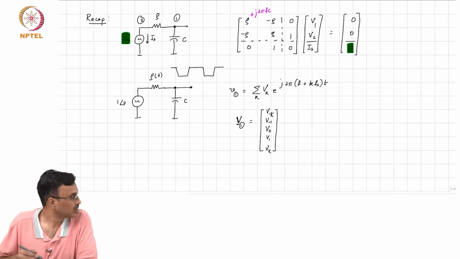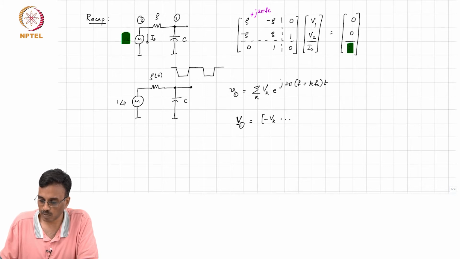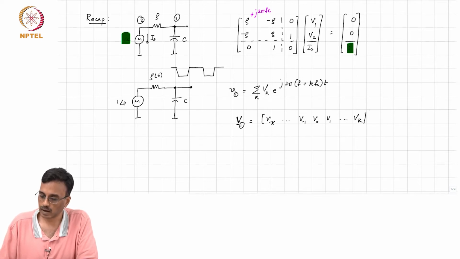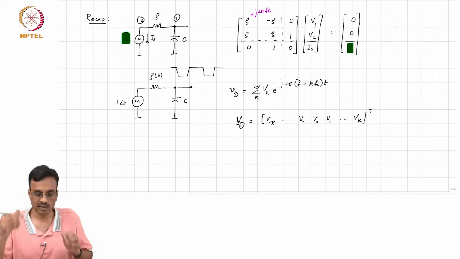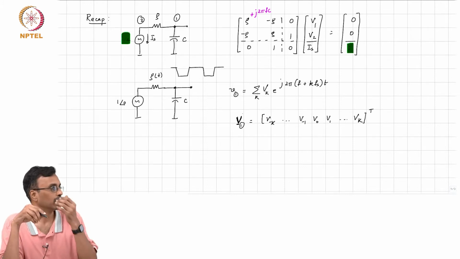Writing it this way is awkward, so it is much easier to write it as V minus K, and so on, V minus 1, V0, V1, all the way up to V capital K, and this transpose. And this underscore is just there to remind ourselves that this is a vector.